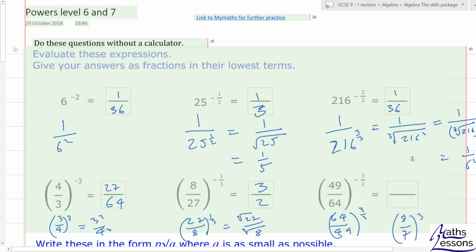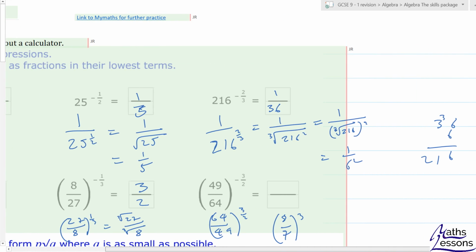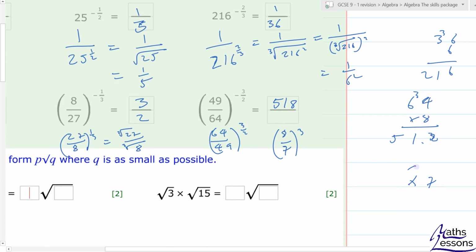And you might be thinking, how do I cube 7? Well, if you're not sure, that's 8 times 8 times 8, 8 times 6, 48. 7 cubed, 7 times 7 is 49, 7 times 3, there we go.